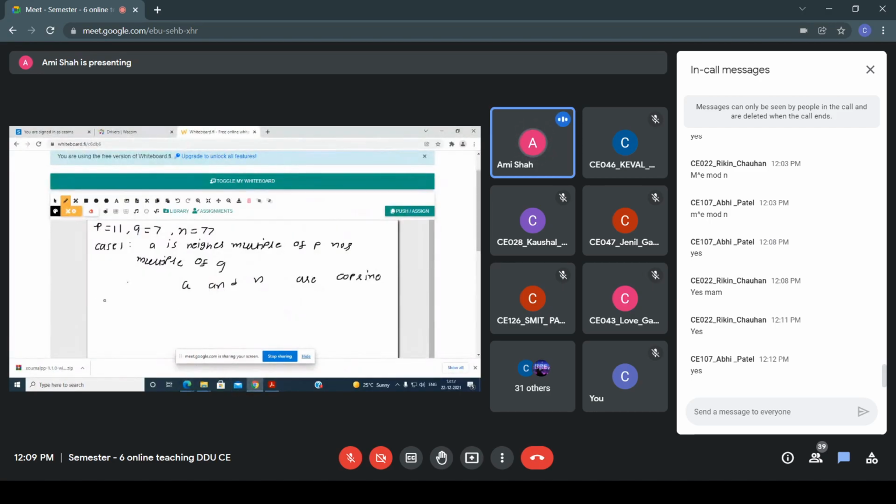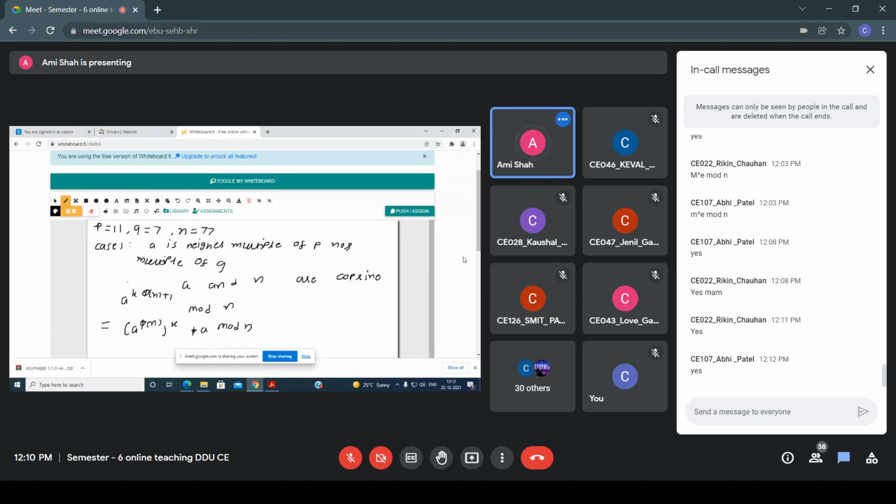So now what I'm doing: a raised to k phi n plus 1 mod n. Instead of this, I can write a raised to phi n, raised to k, into a mod n.